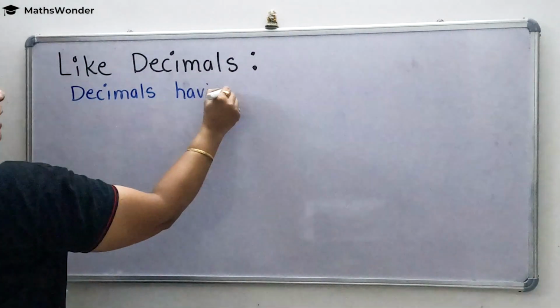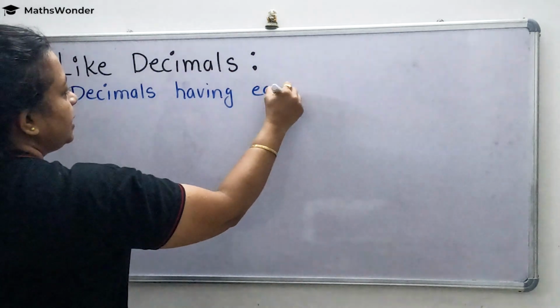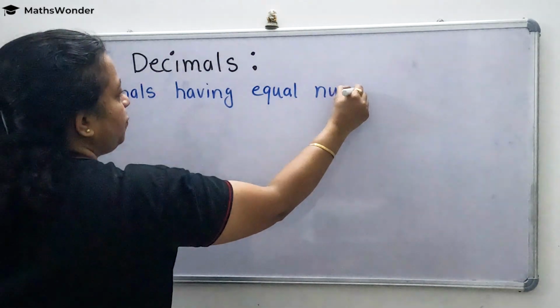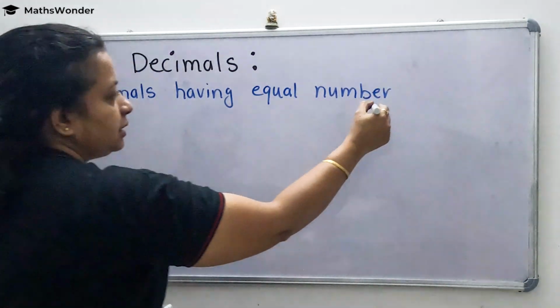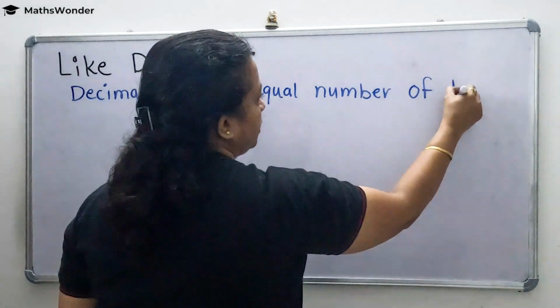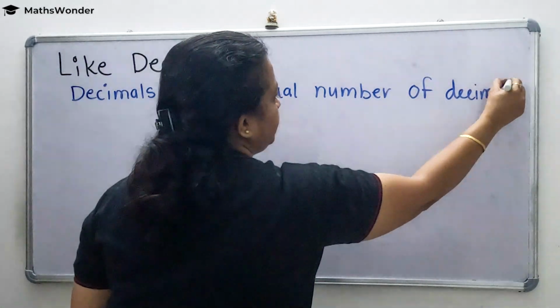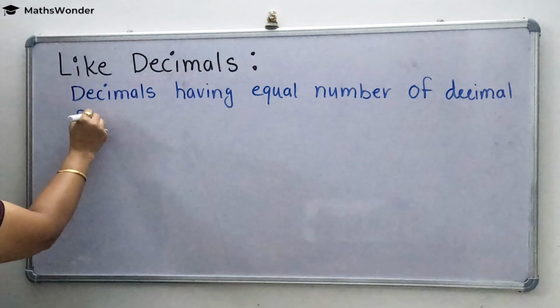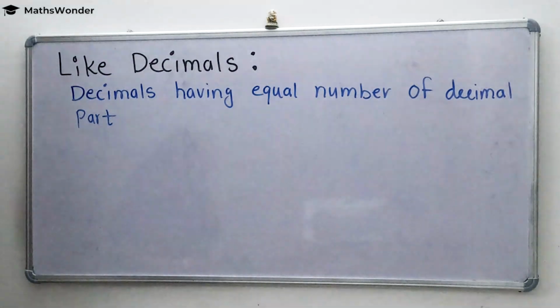Decimals having an equal number of decimal places are called like decimals. Or you can say the decimals with the same number of digits in the fractional part, or the decimal part.